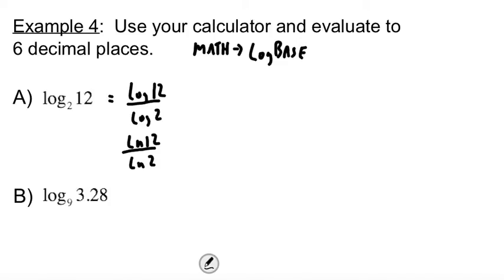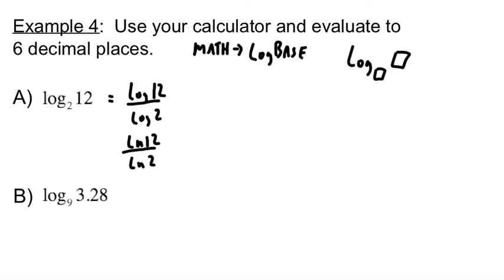It will put log on your screen with a little square there and a little square there, and you fill in your 2 and your 12. As you're doing that, we're going to round that out to 6 decimal places.